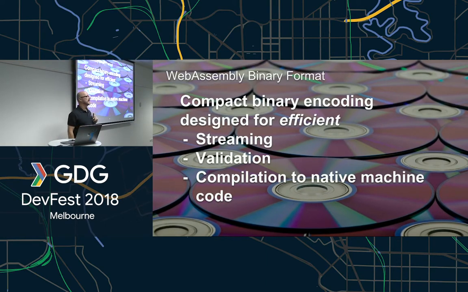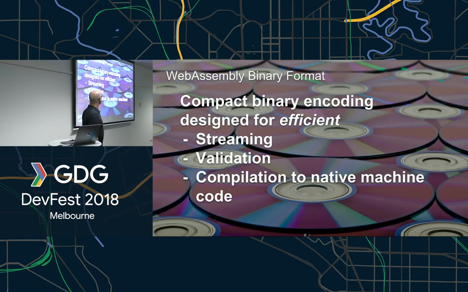What that means is that the format was designed so that as you stream it across the network, you can compile it as it's coming into the computer. So if you had, say, a 10 megabyte WebAssembly module, and hopefully you won't, the browser can compile it as it arrives, so that by the time the load is finished, the code is ready to run.